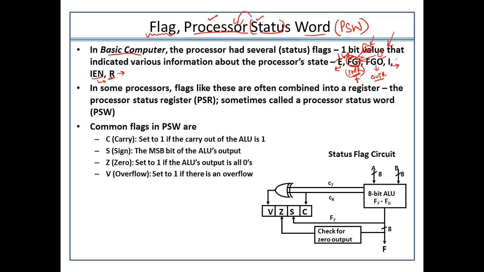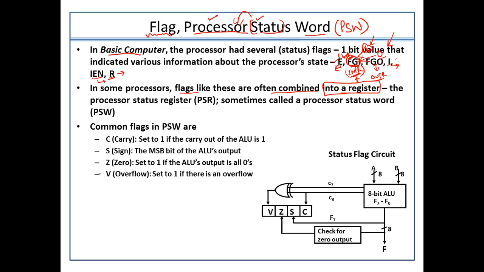But if I'm talking about the processors or the modern machines, then these flags are often combined into one register. We know that we will definitely be in need of using these flags, whether we are using the modern machines or the simplified kind of machines.